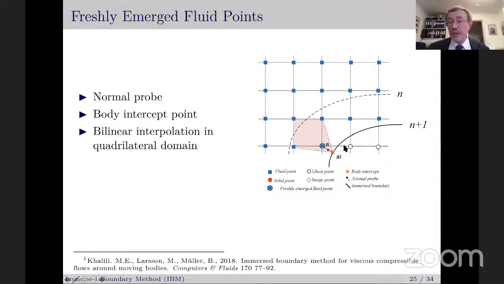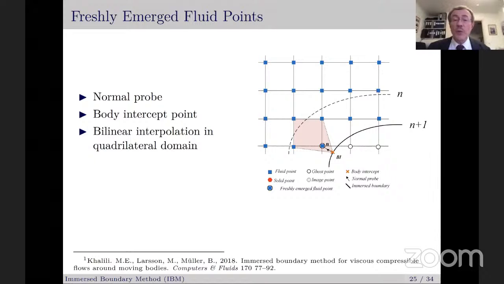Usually we don't move it that far, but in this example, we assume that we know already the values at these two points, and that one was known from the beginning. How do we get then the values at this freshly emerged fluid point? It was a ghost point before, so we have no proper time history of that.